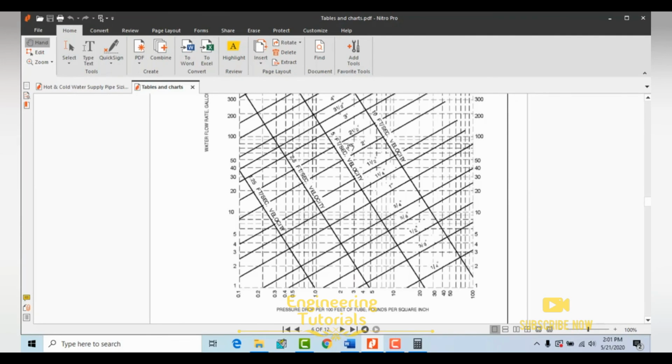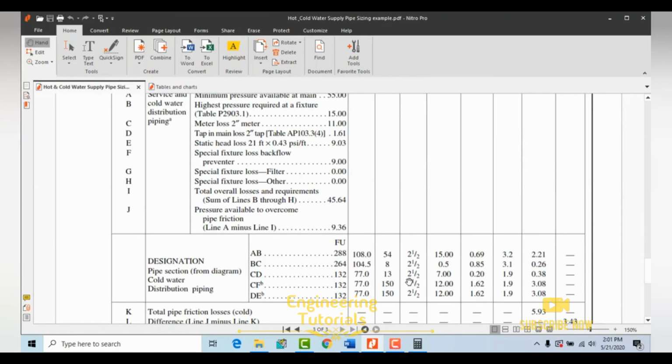It will touch somewhere here, in between 2 and 2.5 inches. So for the safe side, we are going to select 2.5 inch instead of 2 inch. So 2.5 inch pipe size for these sections.